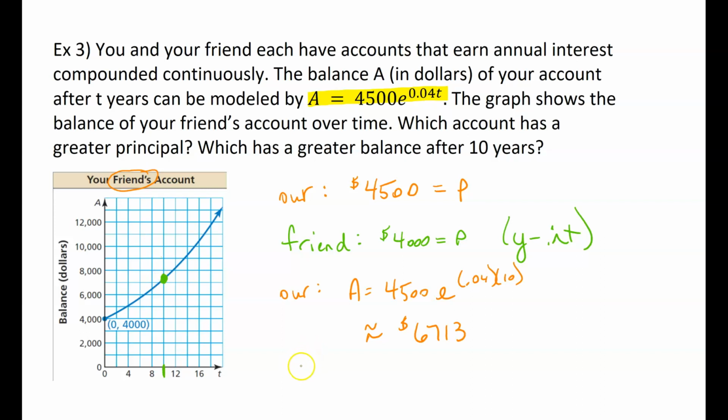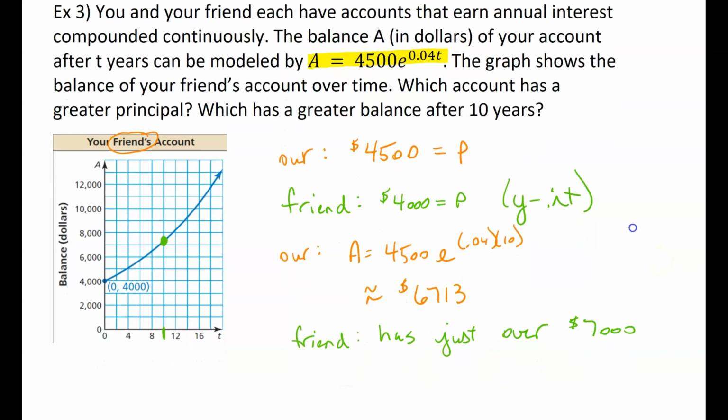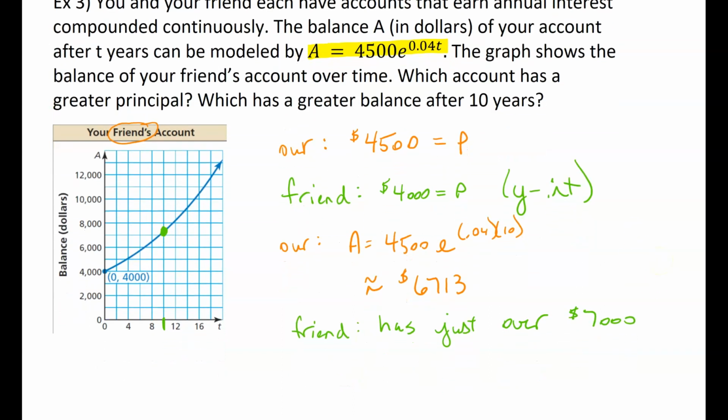It's just over 7,000. So our friend has just over $7,000. Okay. So therefore, our friend has more money.